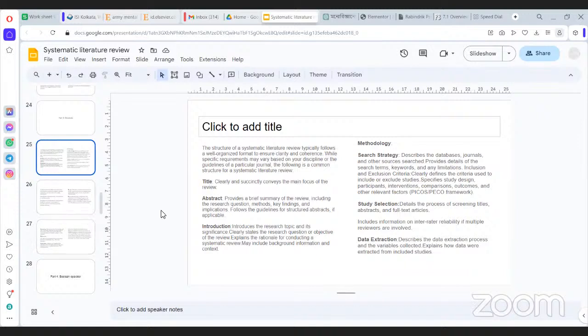The structure of a systematic literature review typically follows a well-organized format to ensure clarity and coherence. While specific requirements may vary based on your discipline or the guidelines of a particular journal, the following is a common structure. First is the title: it clearly and succinctly conveys the main focus of the review.